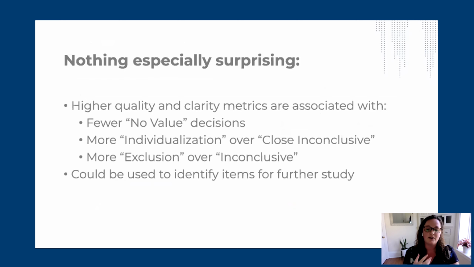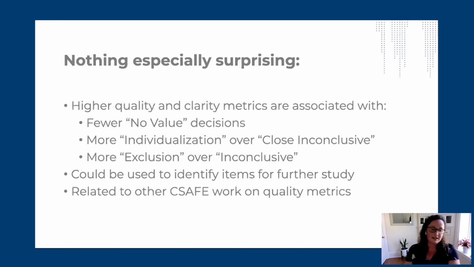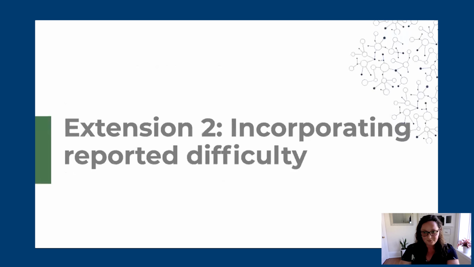If we are predicting the item effects using only the covariates and we're estimating something that's way off from that, what is it about those items that makes examiners respond to them differently than prints with similar quality or clarity metrics? I think this has the potential to relate to some other CSAFE work that's going on with quality metrics. And so the next thing I want to talk about is incorporating reported difficulty.